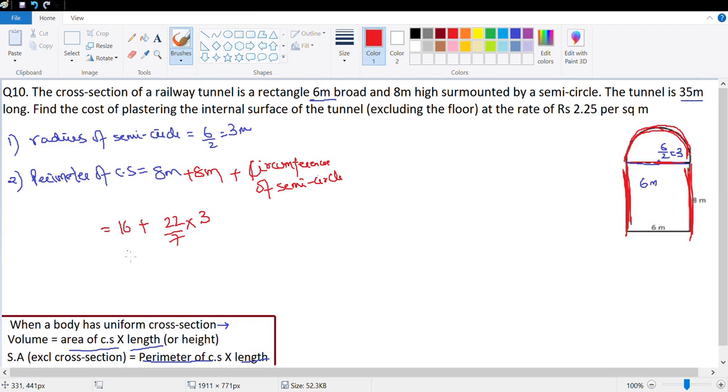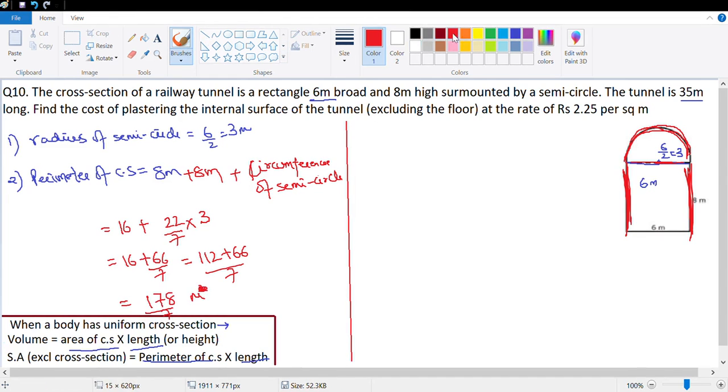Yes, so 16 plus 22 into 3, that's 66, so 66 upon 7. So this would be 7 into 16, that's 70, and 42, that's 112, plus 66 upon 7, which is equal to 178 upon 7 meter. This is the perimeter. Okay.